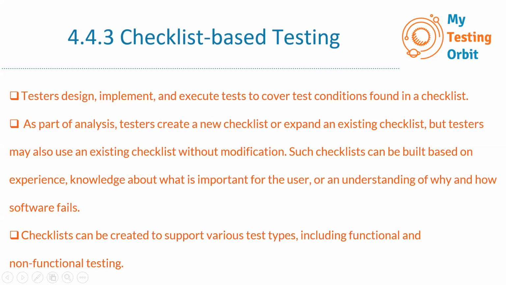Or maybe we are working now on a new version of the system and we had an existing checklist, so we can take that and expand it, top it up with some new ones, or maybe a few of the earlier scenarios are not valid anymore, so we can modify them. So there are different scenarios: either create a new checklist, use the existing one, or modify the existing one. It depends on the scenario and whether we have a checklist or not.